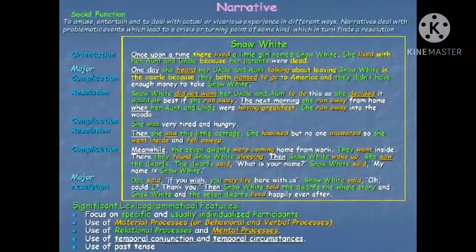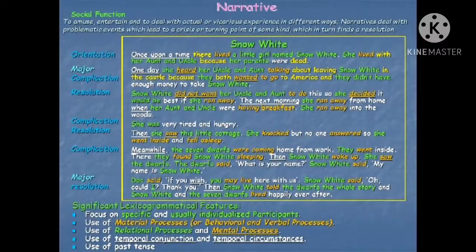The social function is to amuse, entertain, and to deal with actual or vicarious experience in different ways. Narrative deals with problematic events which lead to a crisis or turning point of some kind, which in turn finds a resolution. So there are orientation, complication, resolution, complication, resolution, complication, and resolution.